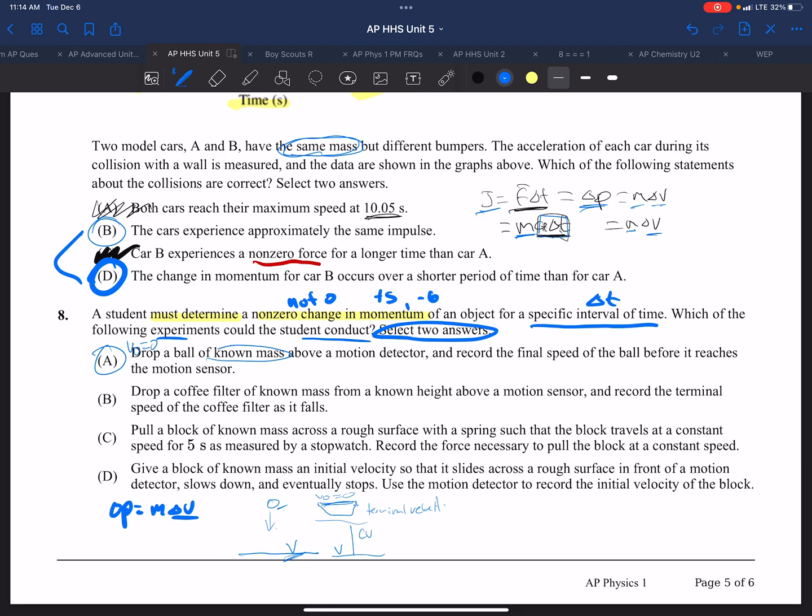Oh, and this one said known mass, so we do know the mass and the change of velocity. So the coffee filter has a known mass, and record the terminal speed before it falls.